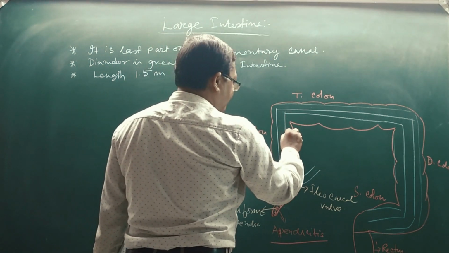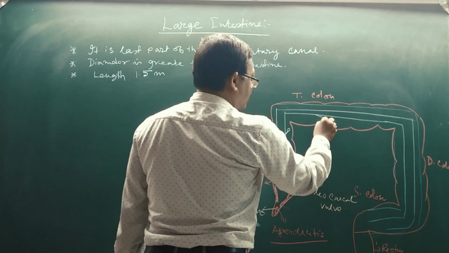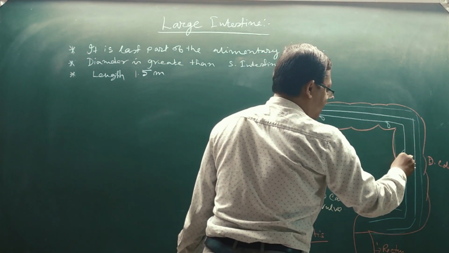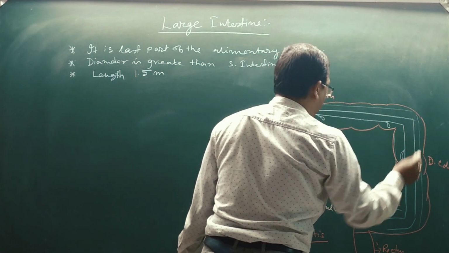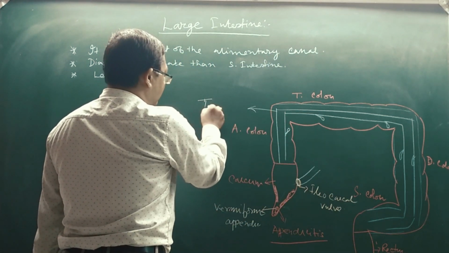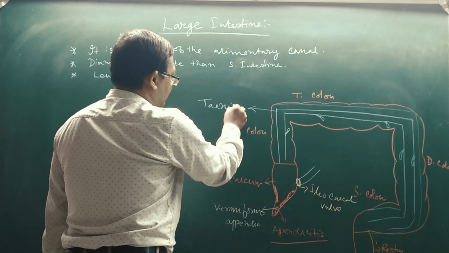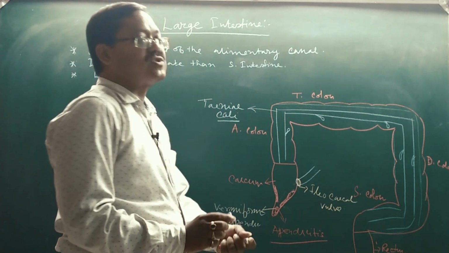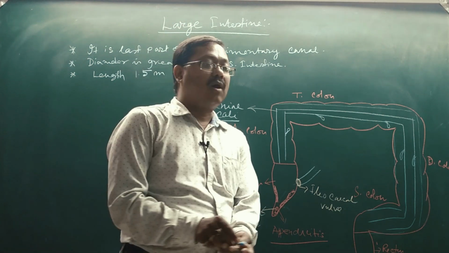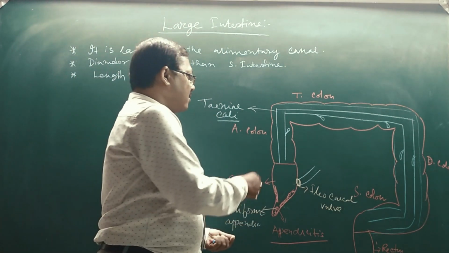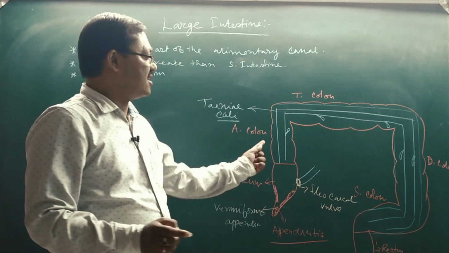These bands, with some fatty tissue attached, are called taenia coli. Taenia coli is the most identifying feature of the colon of the large intestine. What are the functions? This is the main general structure.